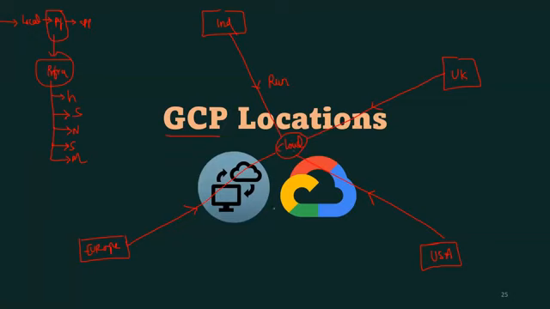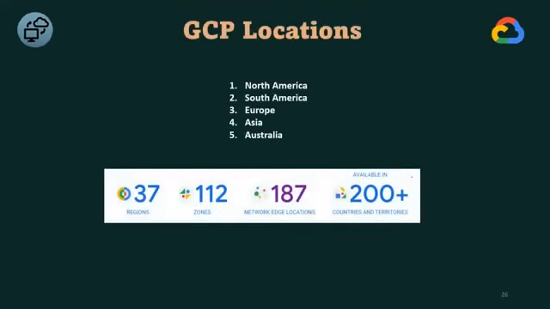But where does this Google infrastructure come from? Google's infrastructure is divided into multiple locations. Google has five locations: North America, South America, Europe, Asia, and Australia.